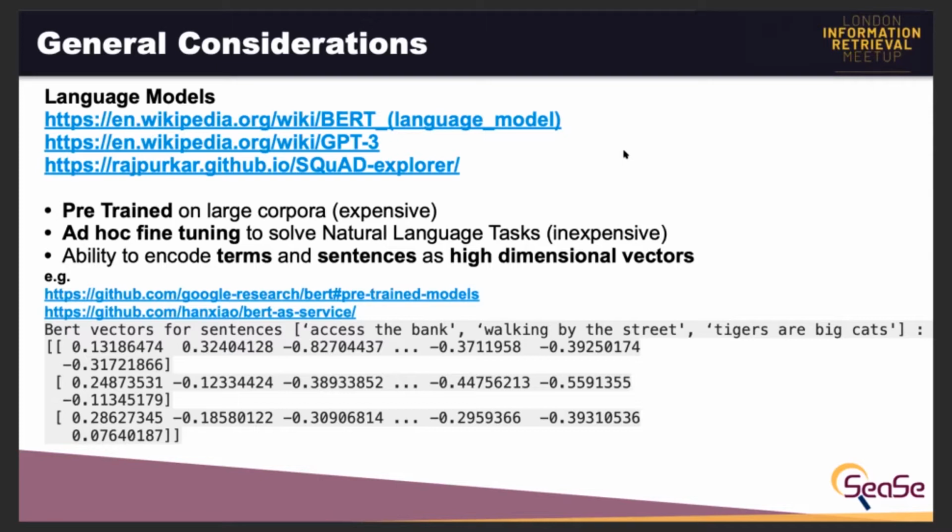So what will a language model effectively do? It will gain the ability to encode terms and sentences as high-dimensional vectors. After you train a model, how this model internally works is not in scope for answering this question, of course.